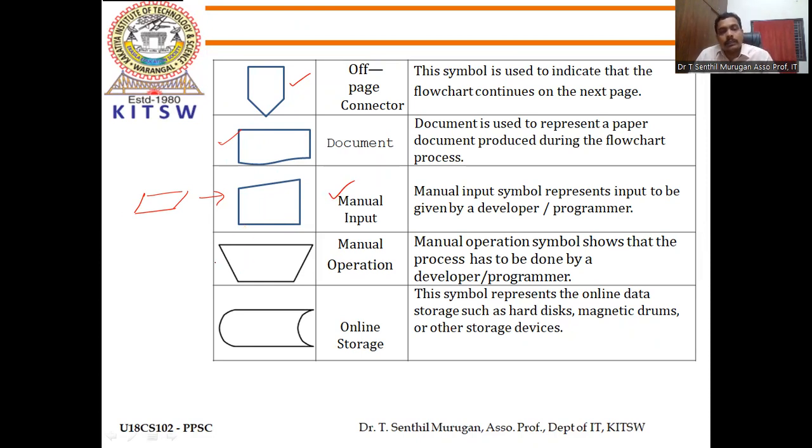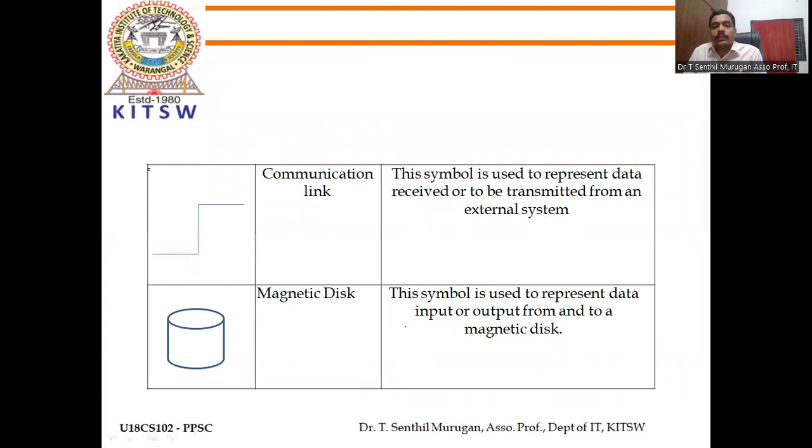And normally for operations we use the rectangle boxes, but if the box is like this, it means it is a manual operation we have to do. This symbol is used for online storage, like a hard disk, magnetic drums, and other storage devices. This is the network link.